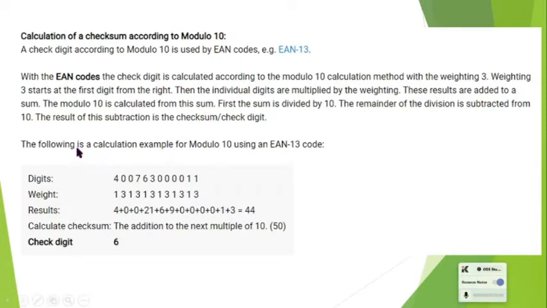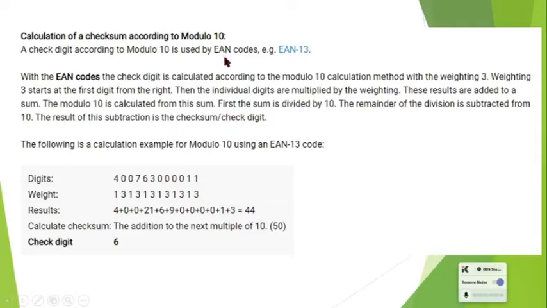So, let's have this example. The following is a calculation example of modulo 10 using EAN-13 code. For example, the digits are 4 0 0 7 6 3 0 0 0 0 1. So that is 1, 2, 3, 4, 5, 6, 7, 8, 9, 10, 11, 12.